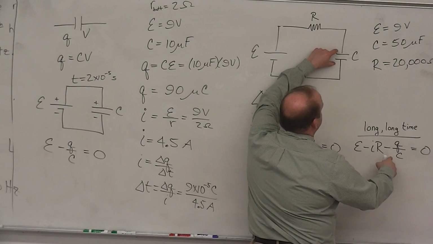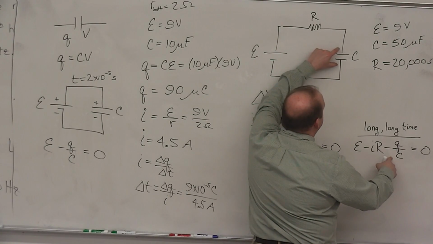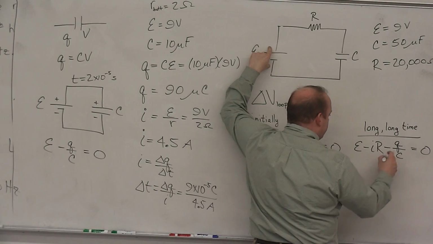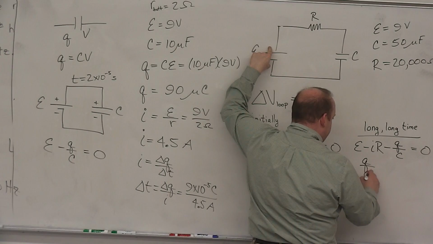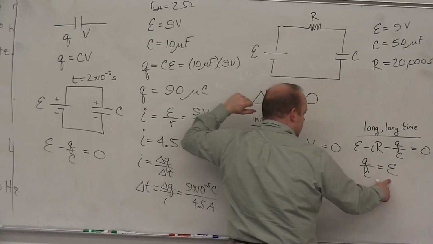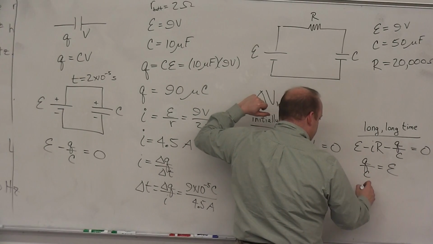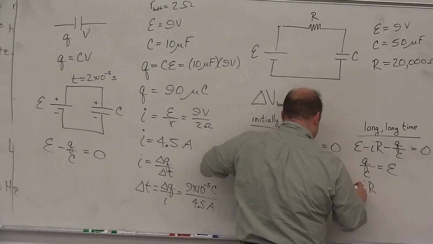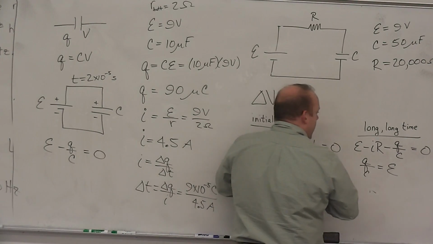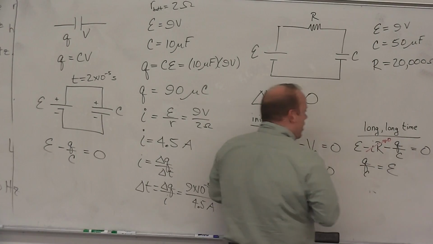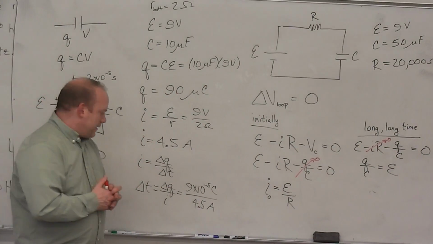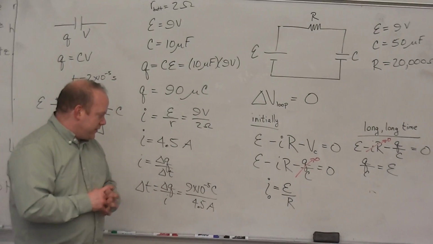Because as this charges up more and more, it's going to charge up till it's the same voltage as the battery. So what happens is Q over C will equal the EMF of the battery. So if that's the case, that IR right here has to go away to 0. So the current disappears.